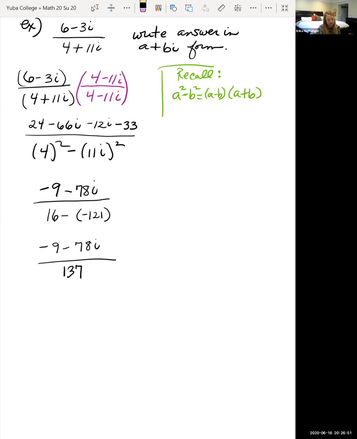So by definition, this is the same thing as negative 9 over 137 minus 78 over 137 i. So I can have that i in the numerator, but really to see more of what the imaginary part is, pulling the i outside of the fraction is probably better. They mean the same thing though.